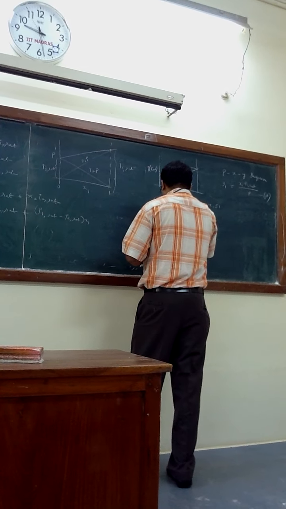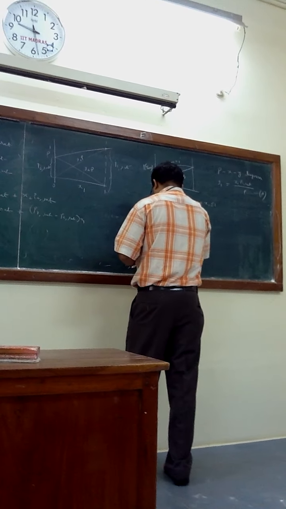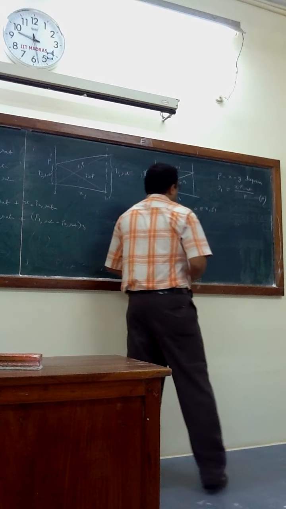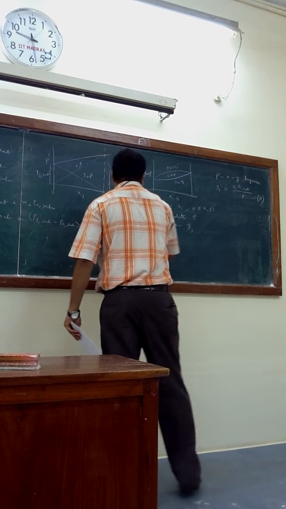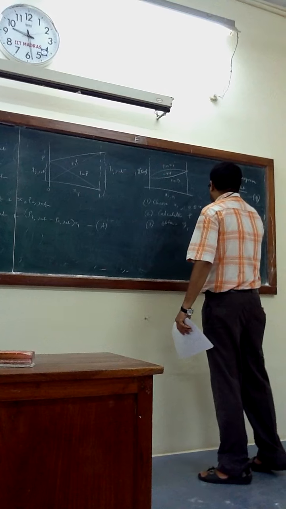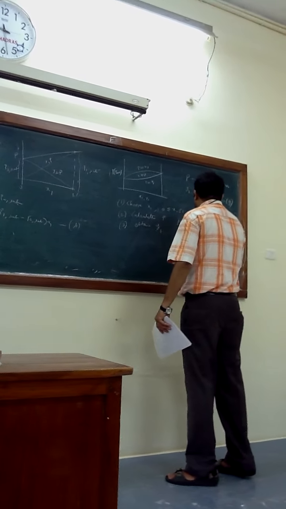Number 2, calculate P. Number 3, obtain y1. I am calling the pressure equation A, and this one equation B. So calculate P from equation A, and y1 from equation B.